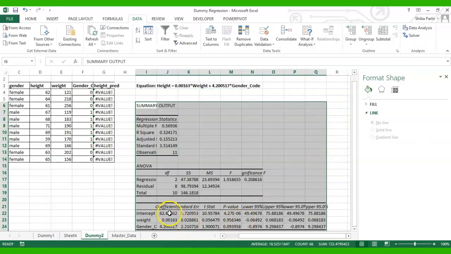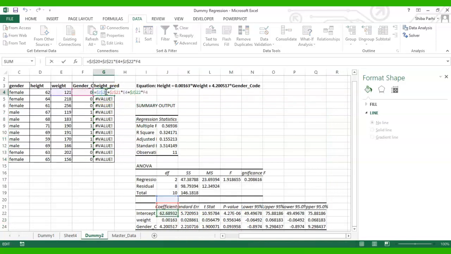So can you see, this is the predicted height. The intercept is 62, then the regression coefficient for the weight is this, and the regression coefficient for the gender code is this.